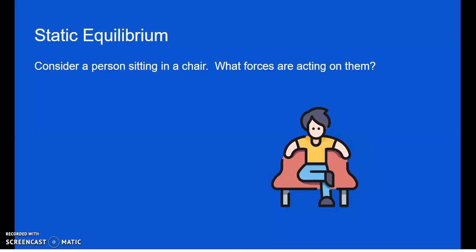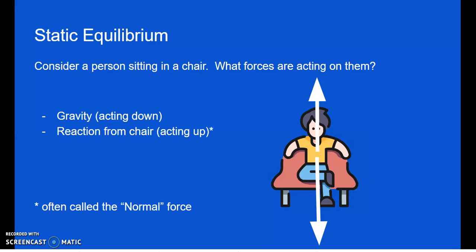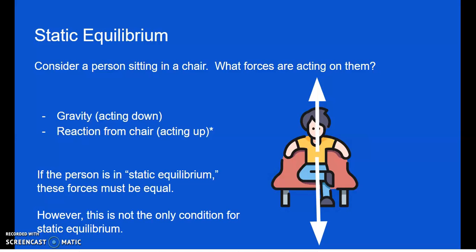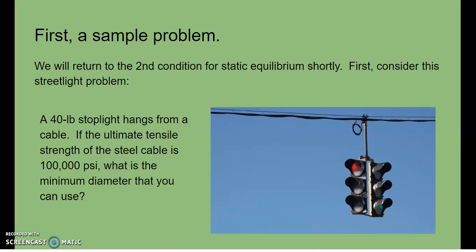The forces acting on this person: we've got gravity acting down, of course, and a normal or reaction force acting up. If it's in static equilibrium, those two things have to be equal. There could be frictional forces left and right. This is, however, not the only condition for static equilibrium. Let's take a look at a sample problem, then we'll get to the second condition in a bit.